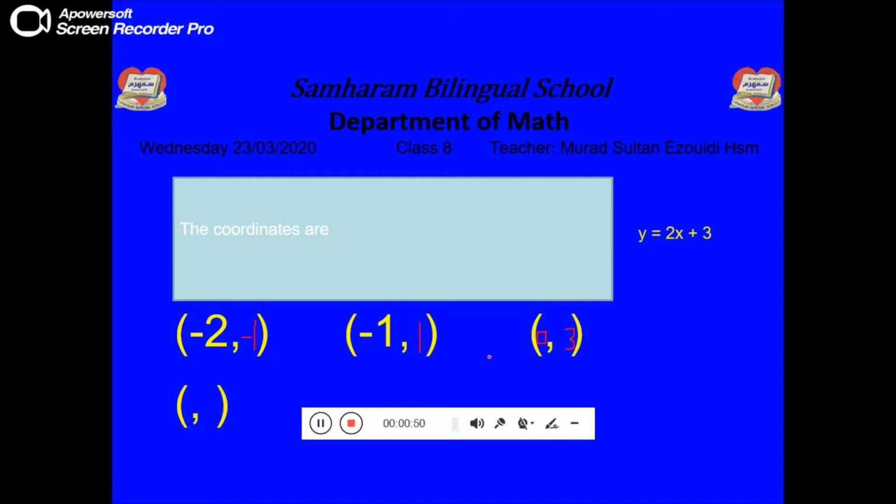The next point is 1: 1 multiplied by 2 is 2, plus 3 is 5, so (1, 5). The next point is 2: 2 multiplied by 2 is 4, plus 3 is 7, so (2, 7). And the last one is 3: 3 times 2 is 6, plus 3 is 9, so (3, 9). I will write this here. So now we have written the coordinates of x and y.